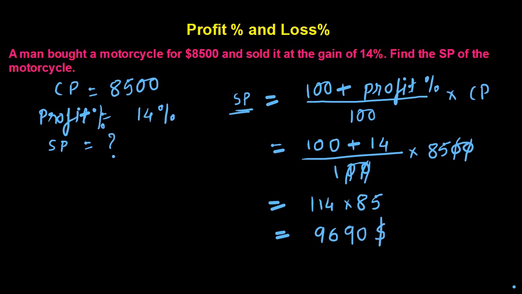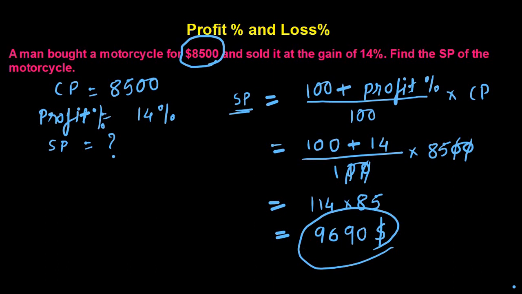This was his selling price. So he bought it for 8,500 and he sold it for 9,690. You can see there is a profit. How much was the profit? 14% profit. So with the help of the formula, this is how you can find out the selling price.